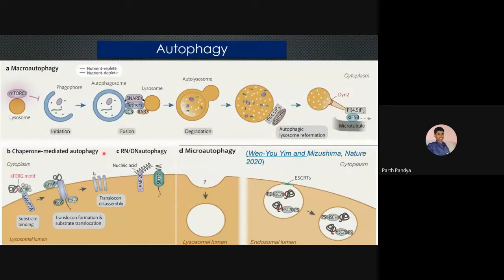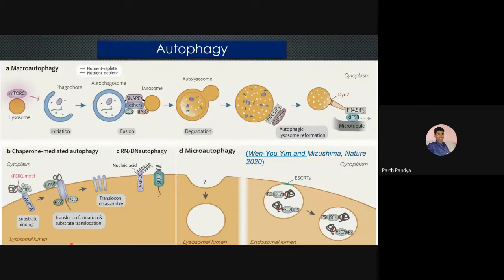In case of chaperone mediated autophagy, there is a sequence called the KFERQ motif, which is identified by your LAMP2A receptors. Now this particular receptor is forming a translocon. How can it be done? That is with the help of your HSC70 and HSP90.